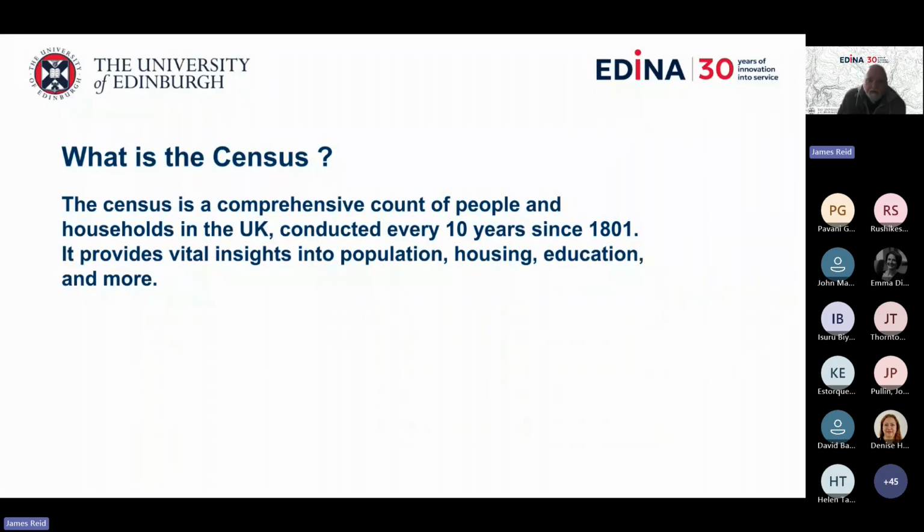And the census ultimately provides vital insights into population, housing, education, and more. So it drives central and local planning. If you ever think about how you predict school rolls, where to locate pharmacies and hospitals, all of these require information about the population, or at least a baseline, and that's what the census is aimed to provide.